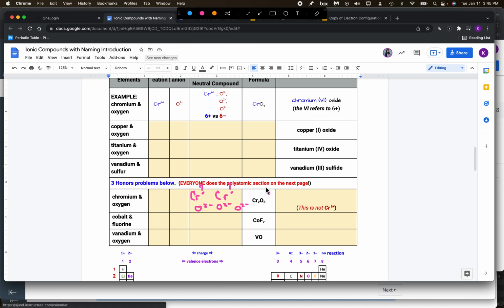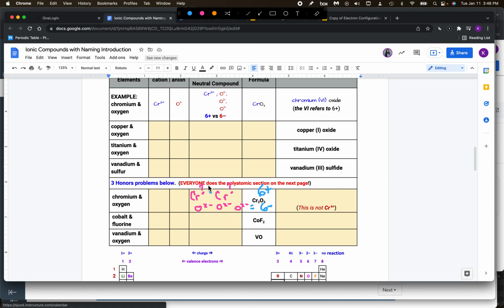So in this case, we start right in the middle. We don't start at the beginning, we don't start at the end, we start right here in the middle and just rewrite this formula in terms of charges. So if I think about this, what charge will this be? Well, I know that I want this to be 6 plus because I have this at 6 minus.